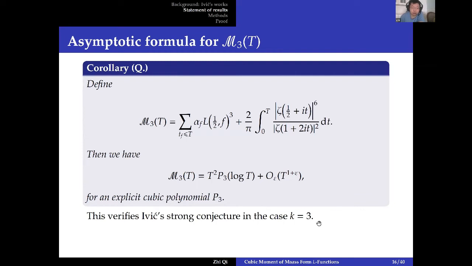As for the main term, this polynomial P3 and P3 natural are connected via this identity. So our focus, of course, will be on the error term. So I'll explain how to bound the error term by T to the 1 plus epsilon.